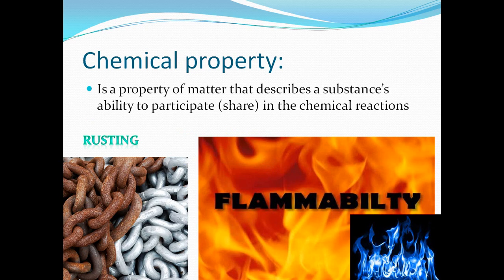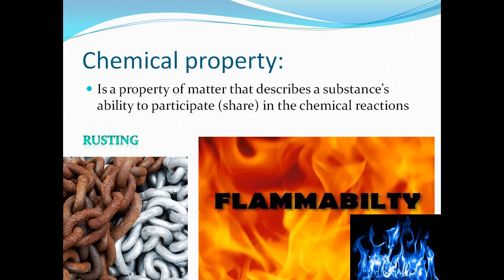What about chemical properties? Chemical properties show how this matter can participate or share with another, or simply how it can react with another matter. For example, burning a piece of paper. Yes, this is a chemical property. Why?